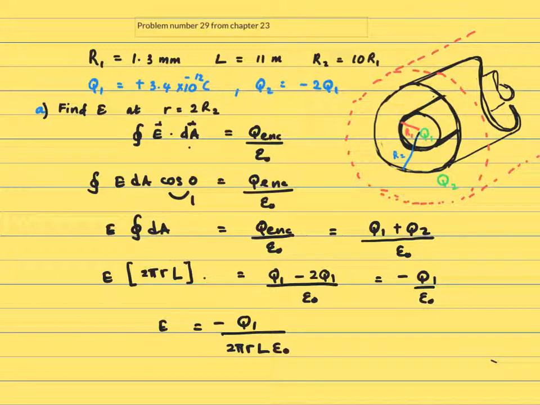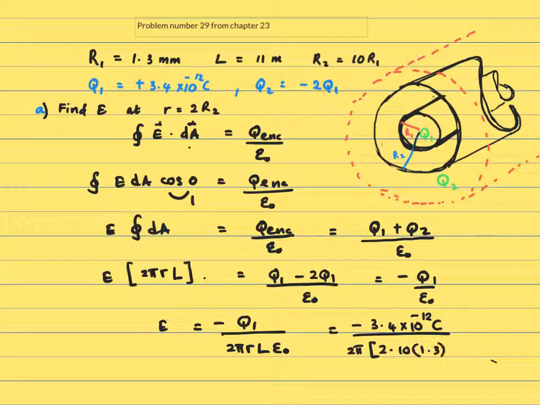L and epsilon naught. If you want to substitute for Q1, that would be 3.4 times 10 to the negative 12 coulomb, and 2 pi r, where r is 2 times R2, and I'm going to substitute for that. R2 is 10 times R1, and R1 is 1.3.